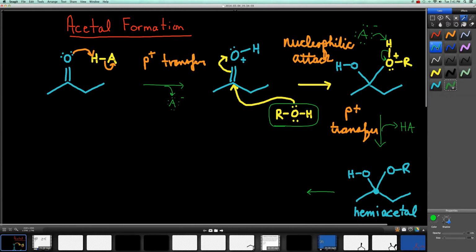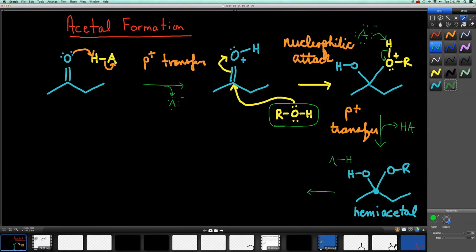Now let's go to step 4. We'll now have our equivalent of HA and of course we will mediate another proton transfer. So we will abstract the hydrogen atom.